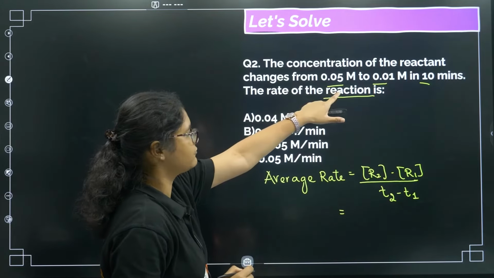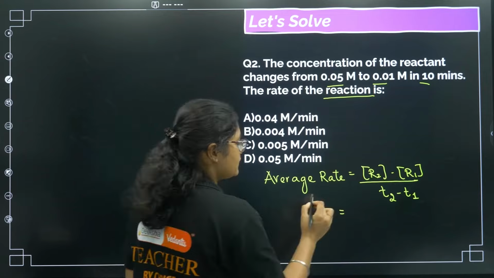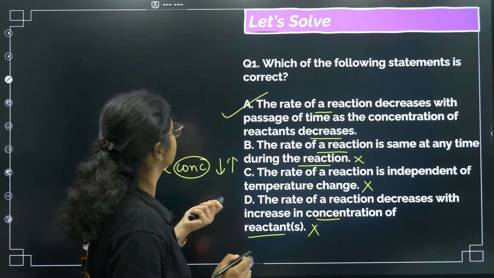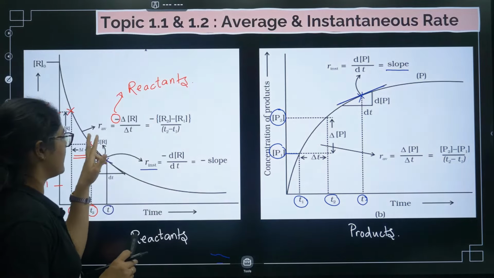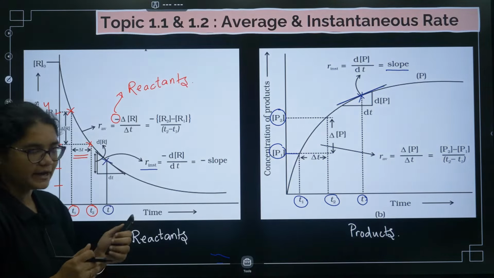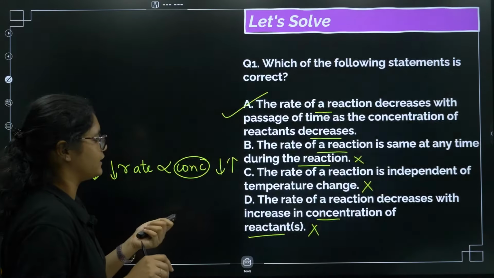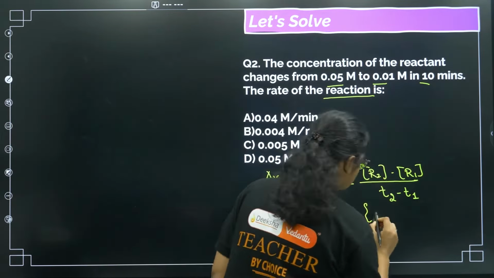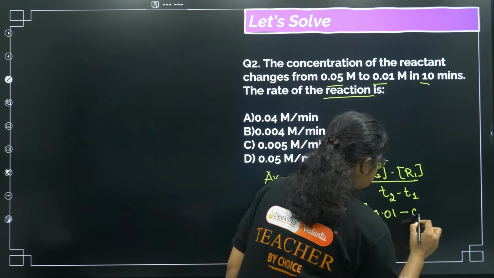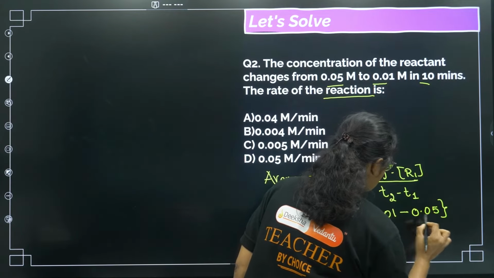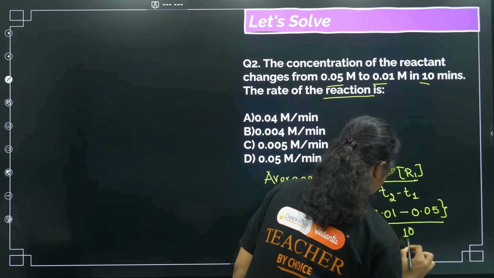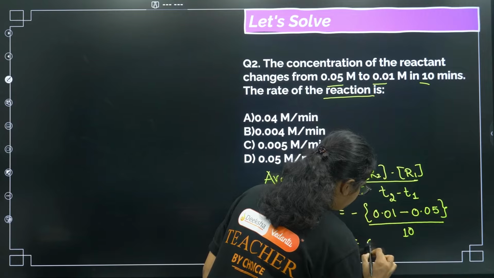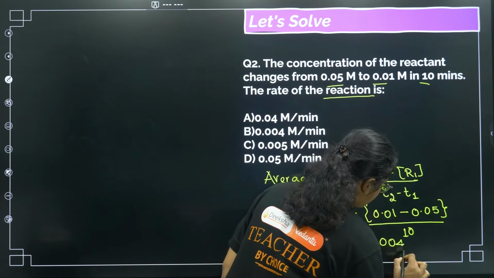From 0.05 to 0.01, right? And we have written that for a reactant it has to be a negative sign. You remember this graph: average rate is minus delta r by delta t. So I can put here minus, final concentration 0.01, initial concentration 0.05, divided by 10. So now we will have 0.004, right?